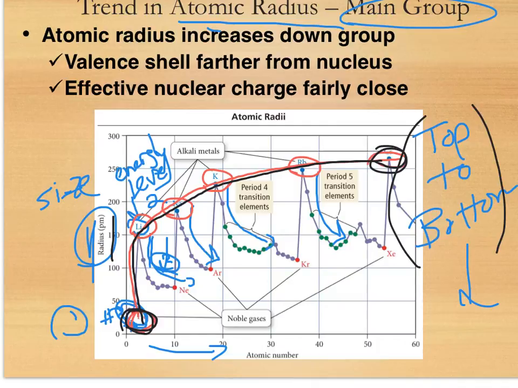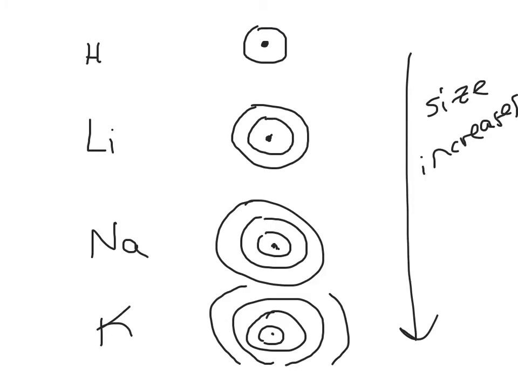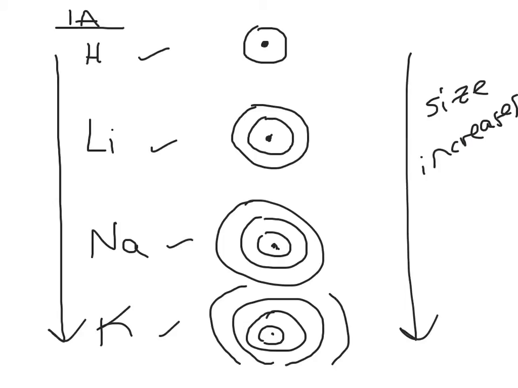So I'm going to try to draw some Bohr models for you in the next slide so you can visualize it a little bit better. Okay, so this is looking at group 1A in the periodic table. It's the alkali metals, and it's looking from the top to bottom down group 1A. So we start with hydrogen, then we have lithium, sodium, potassium, etc., but I ran out of room.